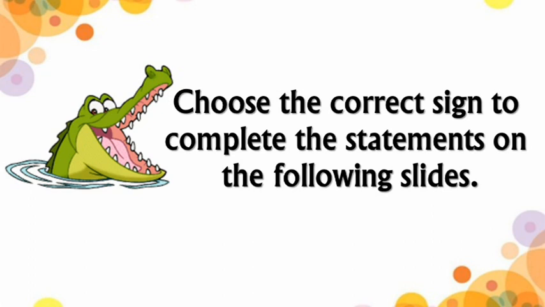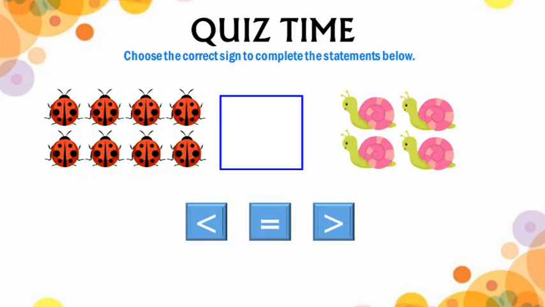Choose the correct sign to complete the statements on the following slides. Quiz time. You can see two types of insect in the photo it's showing now. On one side it's ladybugs and the other side has a bunch of snails.